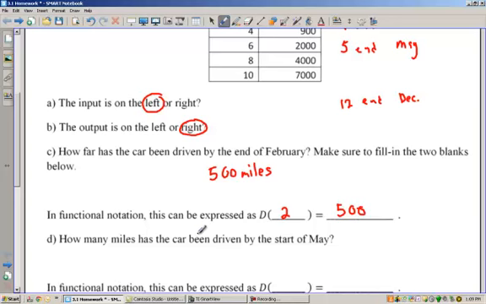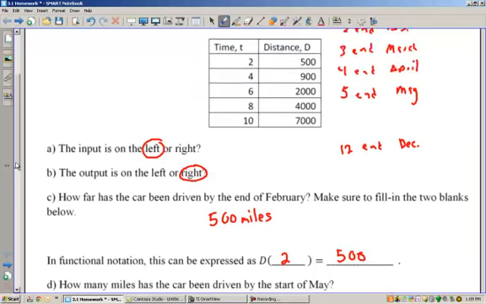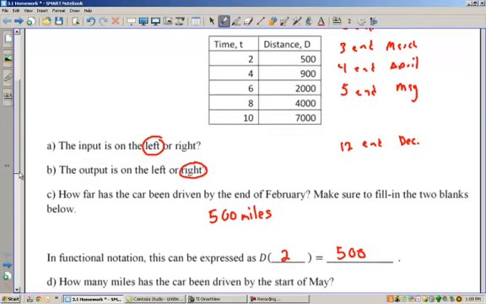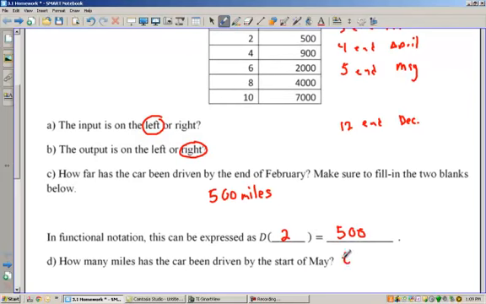How many miles has the car been driven by the start of May? The start of May wouldn't be 5, it would be 4, because the start of May is the same as the end of April. So start of May means t is equal to 4.